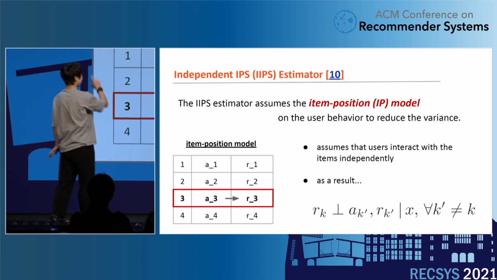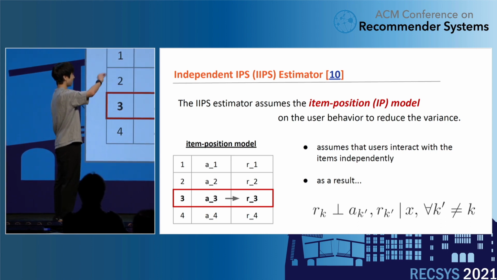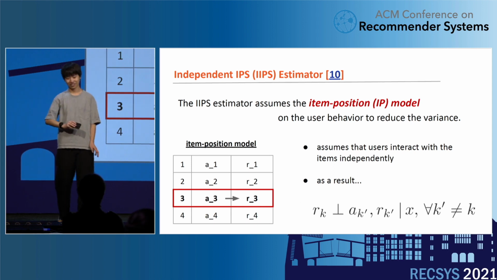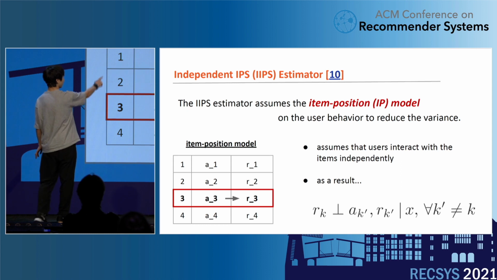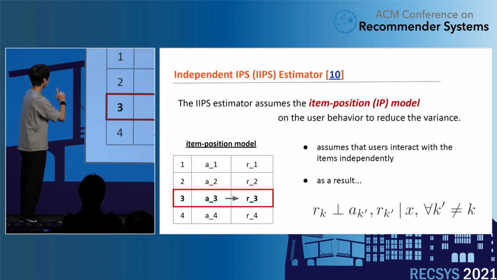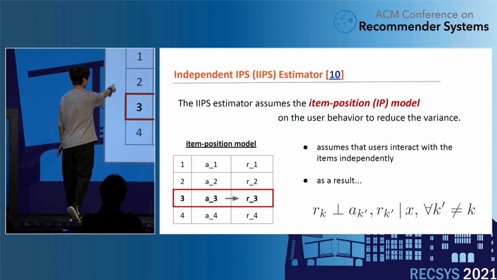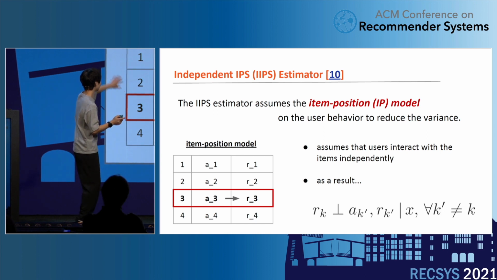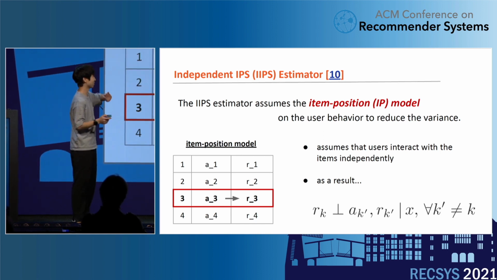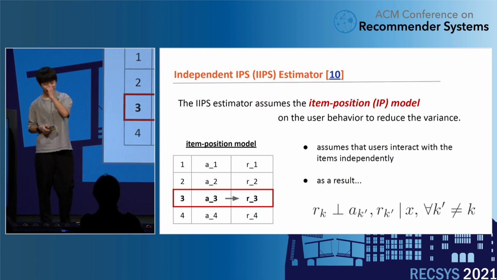So it just assumes that users interact with the items totally independently, meaning that when we look at the third reward observation, this assumption assumes that this reward is only dependent on the corresponding action A3. So we now ignore all the possible interaction from the other positions. That's what this assumption is saying, right? This is pretty strong, but this is very useful in reducing variance.